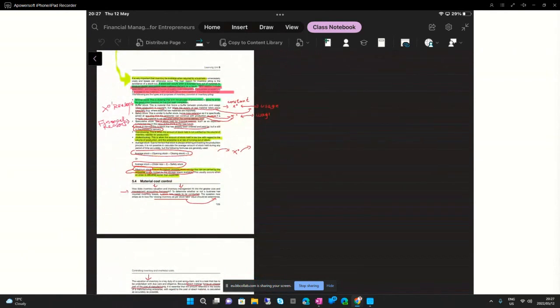Buffer stock is different because this is material that forms a buffer between the production and the usage, where production is constant. So there is a constant production and we need material to use in that production. But when there is irregular supply of this material, we need a buffer stock.